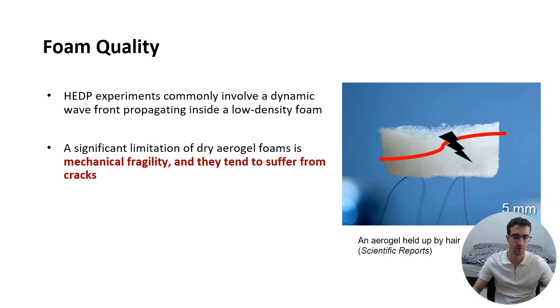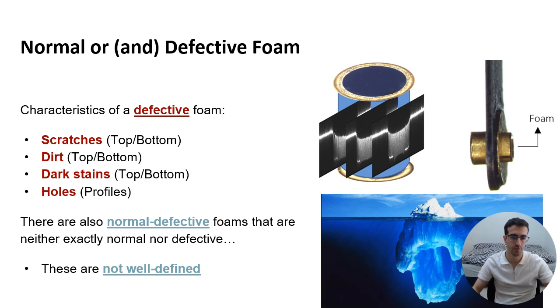A significant limitation of dry aerogel foams is mechanical fragility, and they tend to suffer from cracks. We say that the foam is defective if there are scratches, dirt, or dark stains on the top or the bottom of the foam, or if there are holes in one of the profiles of the foam. These properties indicate that there is a deep hole in the foam, and it is crucial to look at the foam from multiple views to understand whether there is such a big hole.